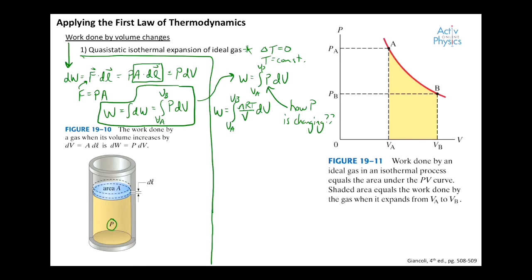Temperature is a constant, the amount of gas, and of course the gas constant are all constants, which means there's not a whole lot to do here. We've got nRT times this integral of 1 over V dV. And of course the antiderivative of 1 over V or 1 over anything is just a natural log. So we could say that the work done in this case is nRT times the natural log of VB over VA.